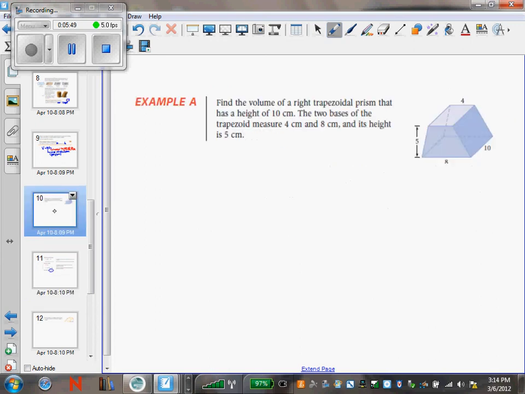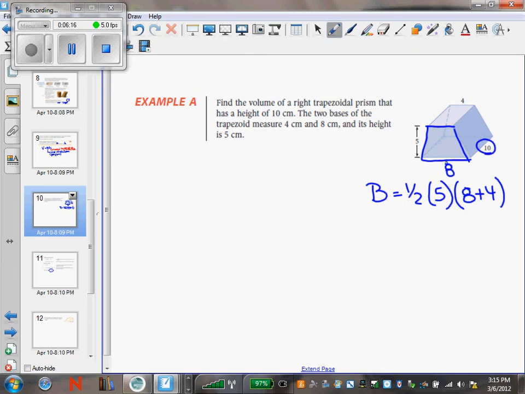Let's go back and look at that. Here is our trapezoid, which is our base. This number down here is 8. So big B is 1/2 the height of our trapezoid, base 1 plus base 2. This is the height of the prism.